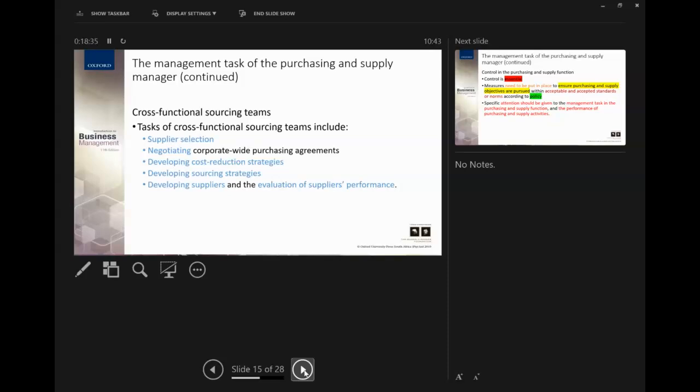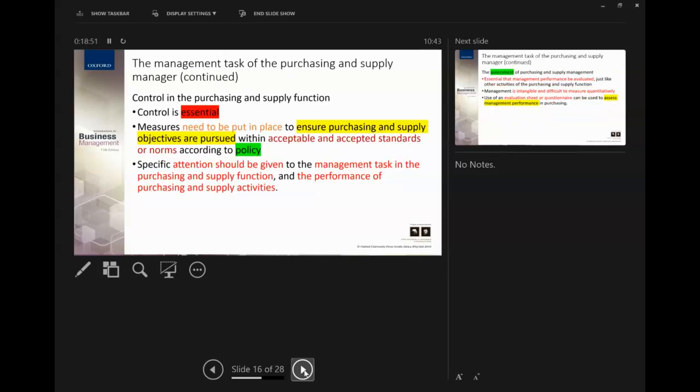So these are things that when reading them, you automatically think, it makes sense that this is what the purchasing and supply function would do. They're very self-explanatory, so I think we need not dwell any longer on that than we already have.